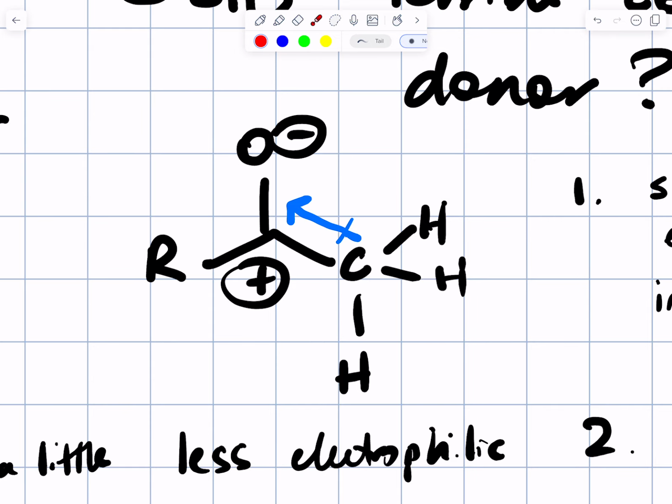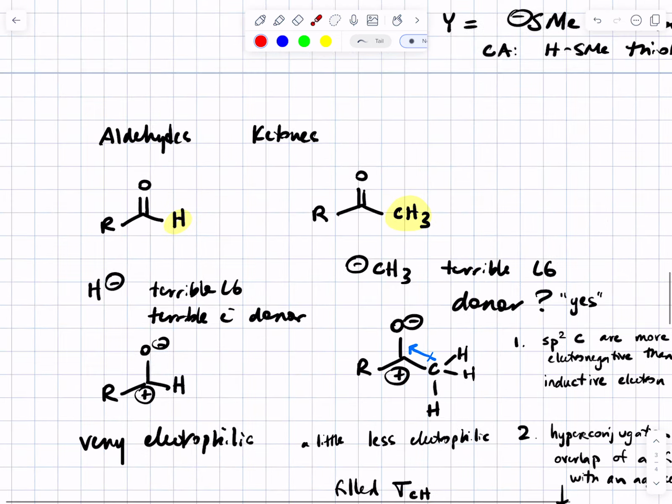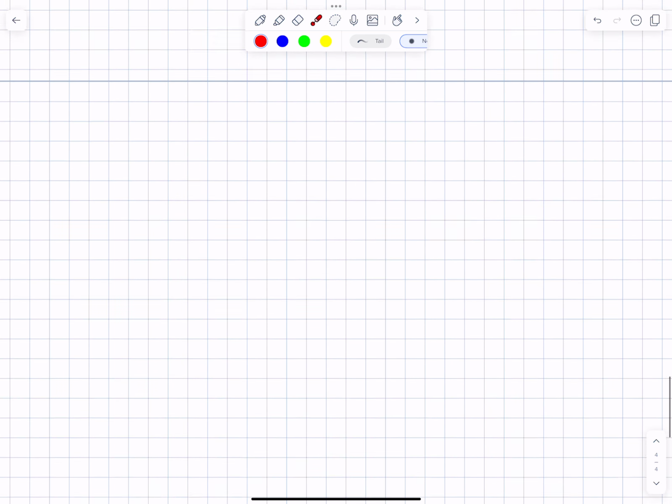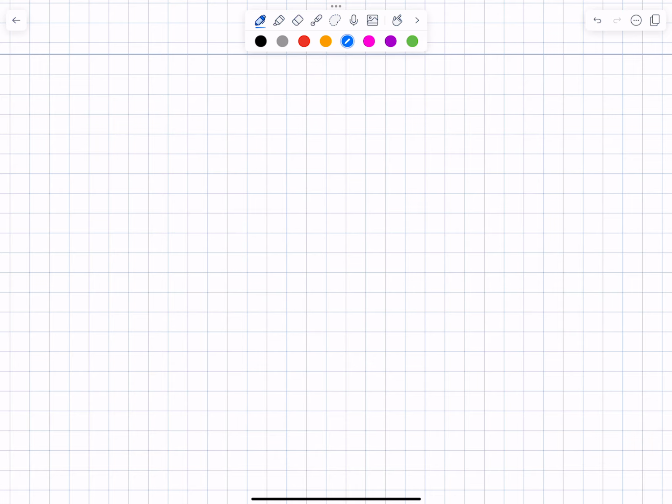All right, so now we need to talk about reactivity patterns, two different things that can happen to carbonyl compounds. We've dealt with one of them so far, and that is nucleophilic attack. That's one possible theme.